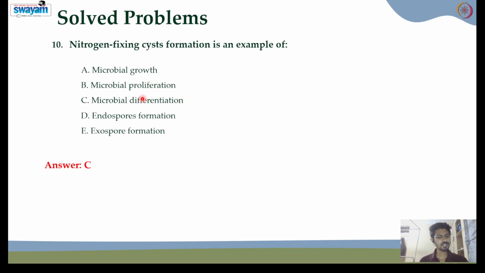Differentiation refers to changing from one state to another, where the nitrogen fixing cyst helps convert atmospheric nitrogen into ammonia. Exospore and endospore are formation of spores outside versus inside the cells. So the best example for nitrogen fixing cyst formation is microbial differentiation.